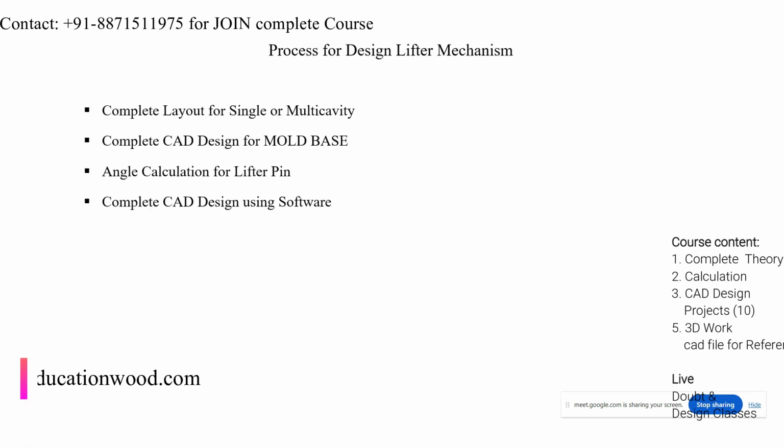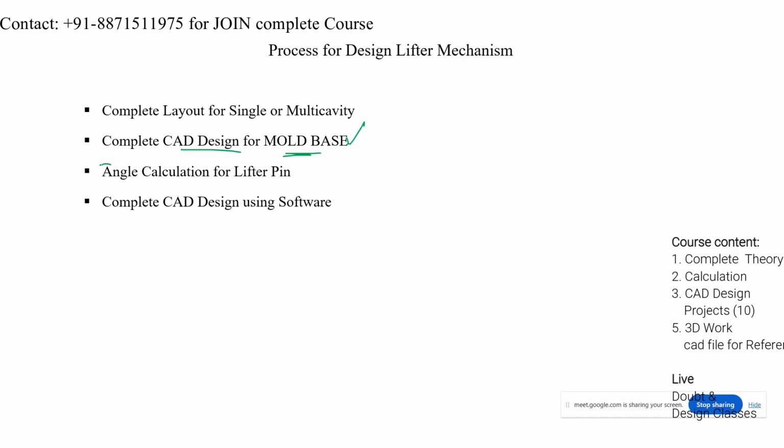First of all, we have to take the complete layout of the single or multi-cavity. Whether we are dealing with a single or multi-cavity, we have to prepare the layout for that. Then prepare a complete kit design of the mold base.